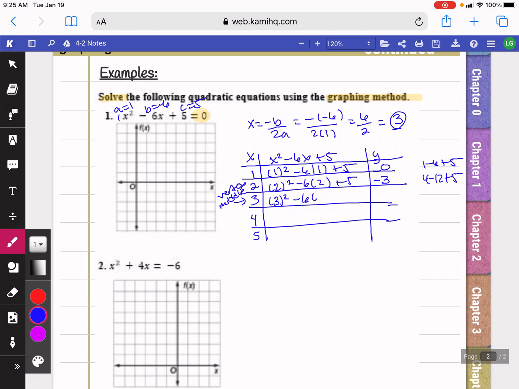And I'm just going to continue plugging in my values for x. So like here I'll get 9 minus 18 plus 5, which is negative 4, and I'm just continuing this process. So you're plugging in for x, working it out using PEMDAS, and then once you get your answers, you write them in the y column.